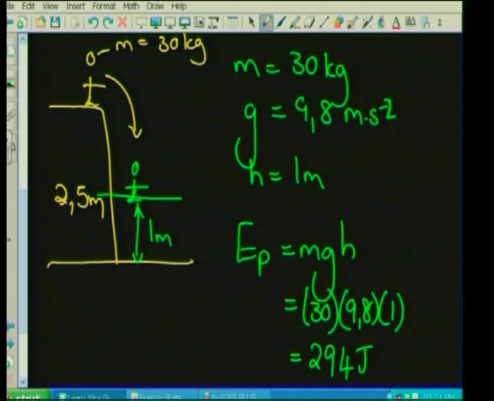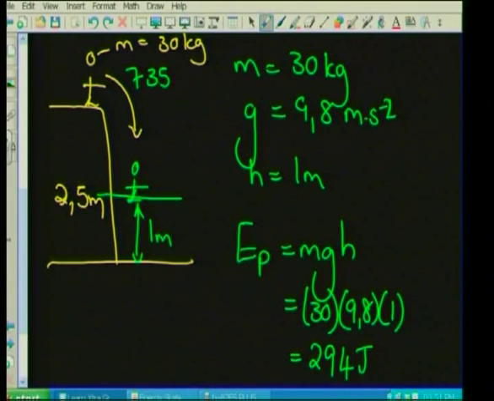294 joules. I'm hoping some of you now are going, hang on, wait, Tracy. At the beginning, we had 735, so over here, he has 735 joules of potential energy. Now he's only got 294 joules of potential energy. What happened to that energy? Where did it go? Good question, because if you stay tuned, I'm going to answer that for you.